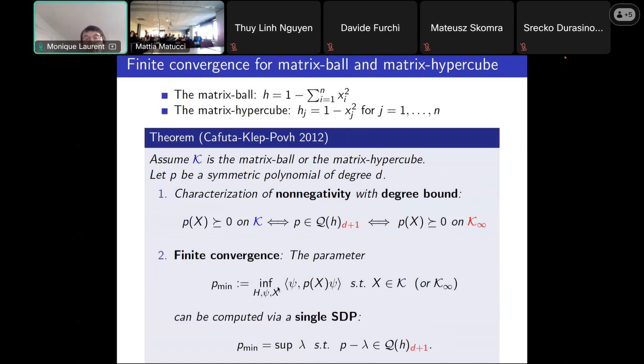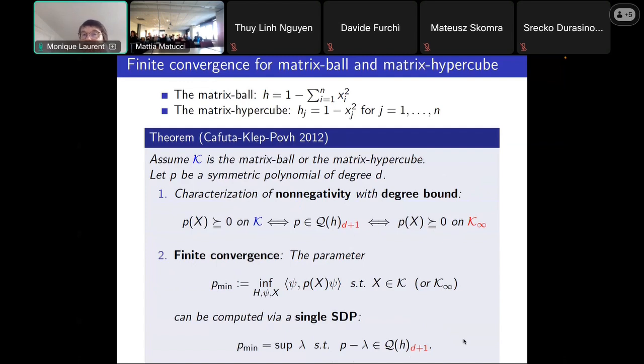As a consequence, the minimization over the matrix ball or the matrix hypercube can be computed via a single SDP. This is a consequence of the first item. I will come back to this later. This is rather remarkable, I think.